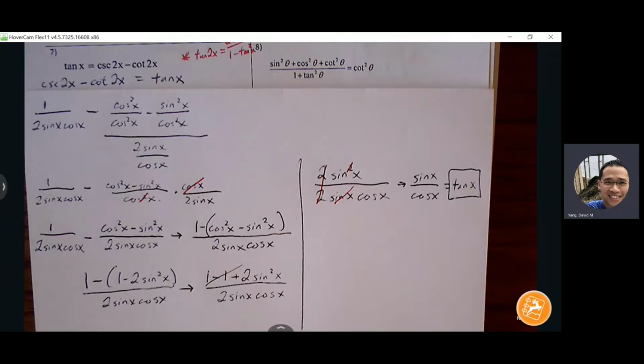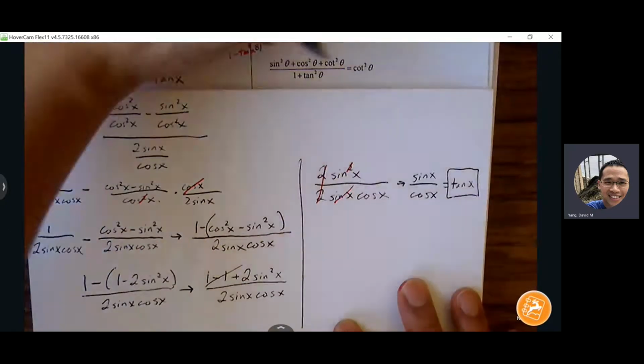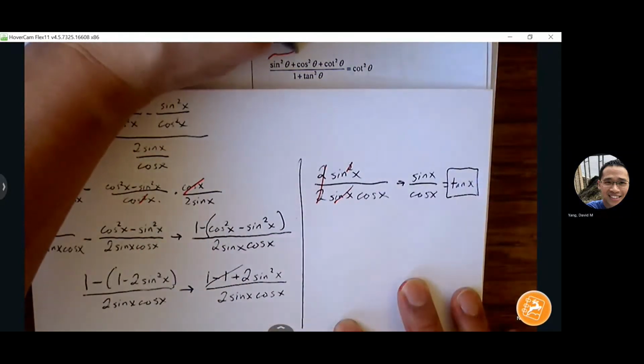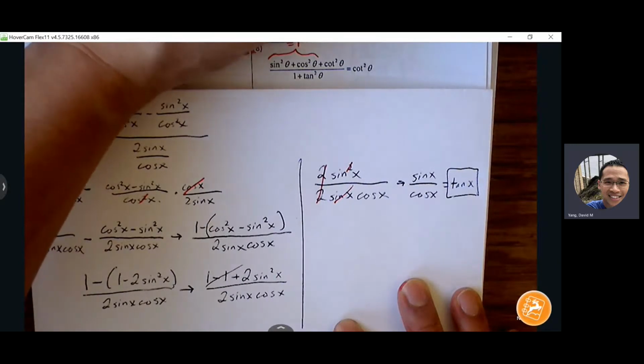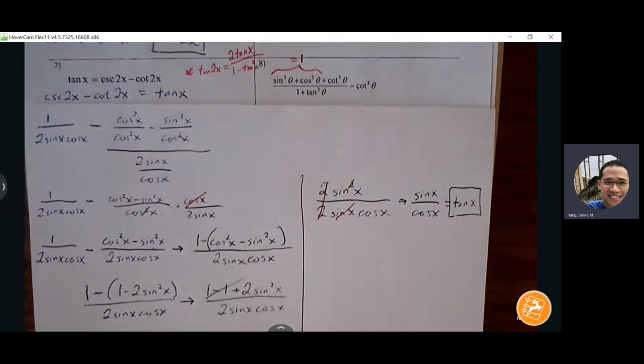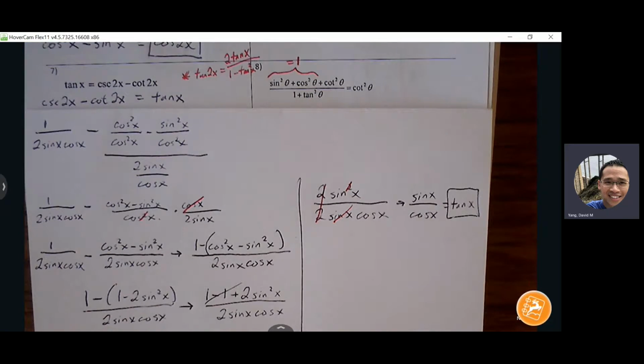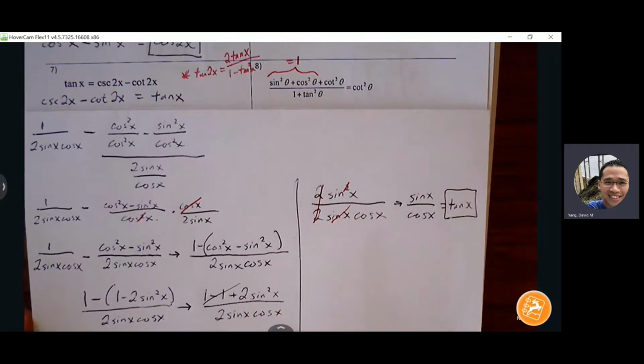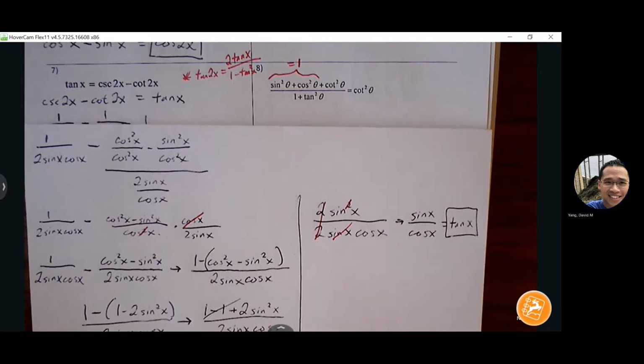Yeah, a quick way to make our problem a lot easier: identify some identities and get some messiness out of the way. What else? See any other identities that we can? Mm-hmm.